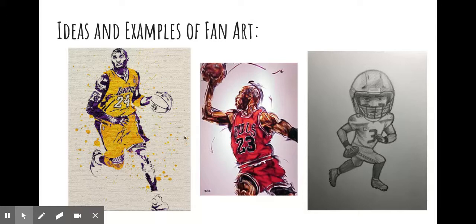Over here on Michael Jordan's, it's very sketchy with lots of movement lines. And over here on Russell Wilson's, it's obviously a pencil drawing, but they decided to make him look like a bobblehead with a huge head and a small body. So they played around with proportion, and he's definitely not 8 heads tall, right? For a unique style.